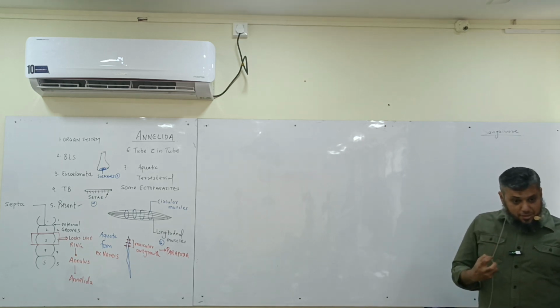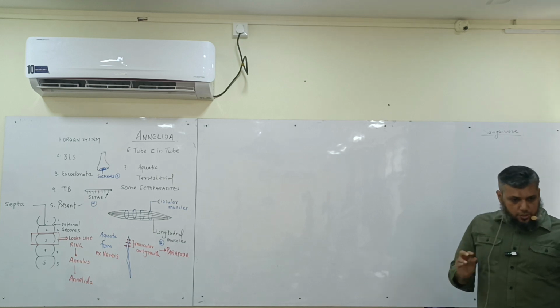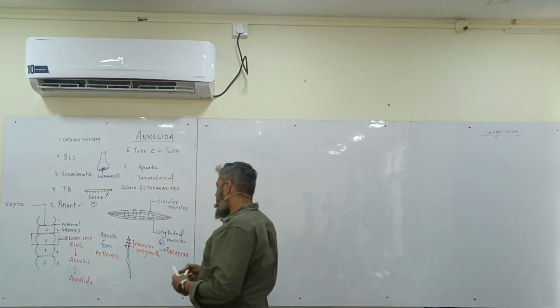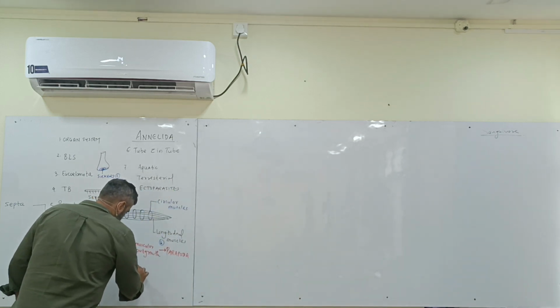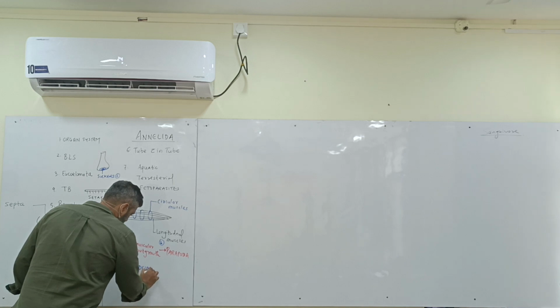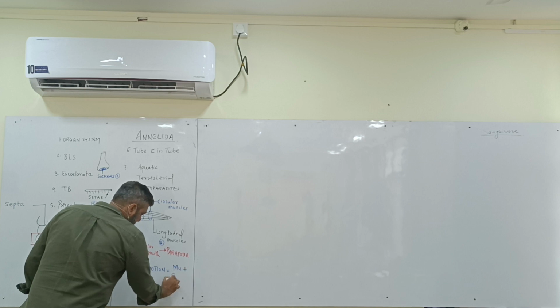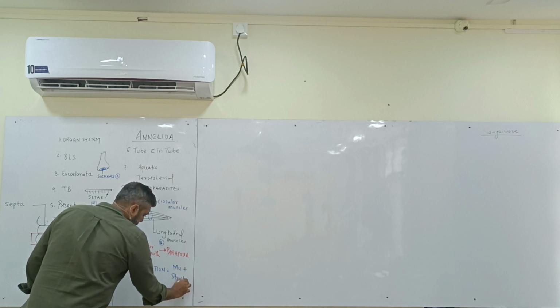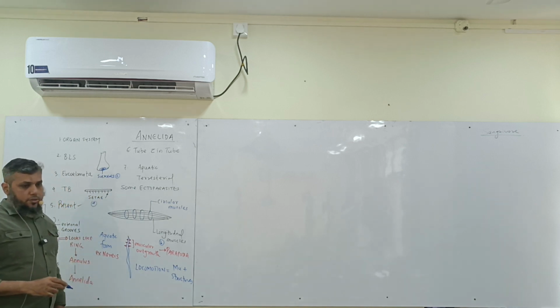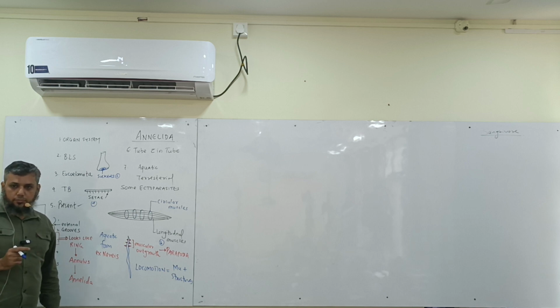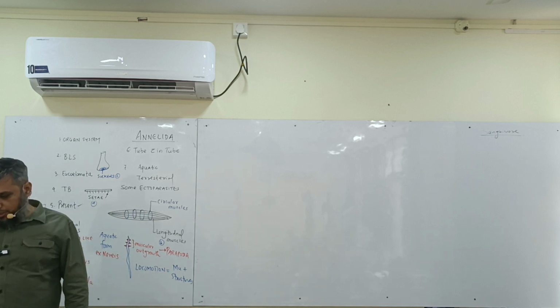The body muscles and these structures help in locomotion. Got my point? So what helps them in locomotion? Their locomotion is brought about by the muscles and the specialized structures like setae in the case of earthworm, parapodia in the case of Nereis, and suckers in the case of leech. Did you get my point, everybody?